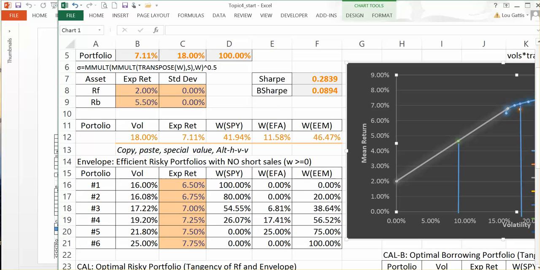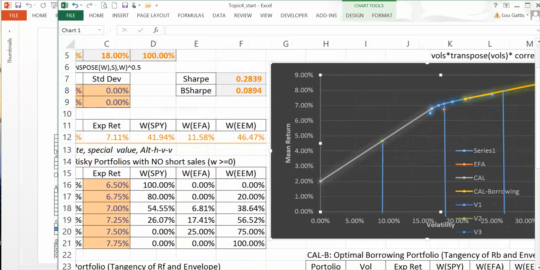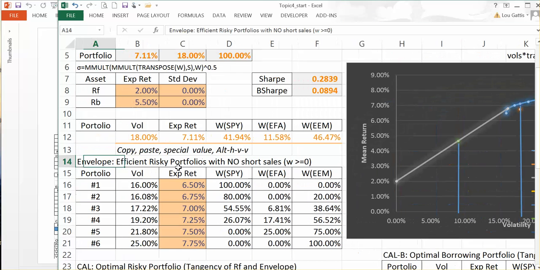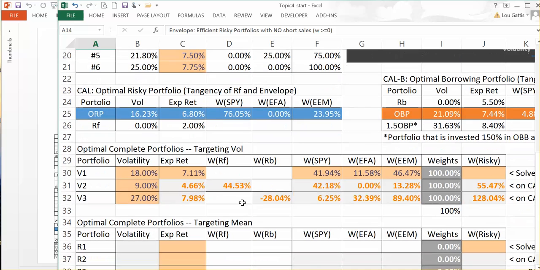And let's see where it showed up. And there it is. That's your optimal portfolio for 27% vol. And if I had $100 to build that portfolio, I would borrow $28 at 5.5%. I now have $128. I'd put 6 in SPY, 32 in EFA, 89 in EMA.